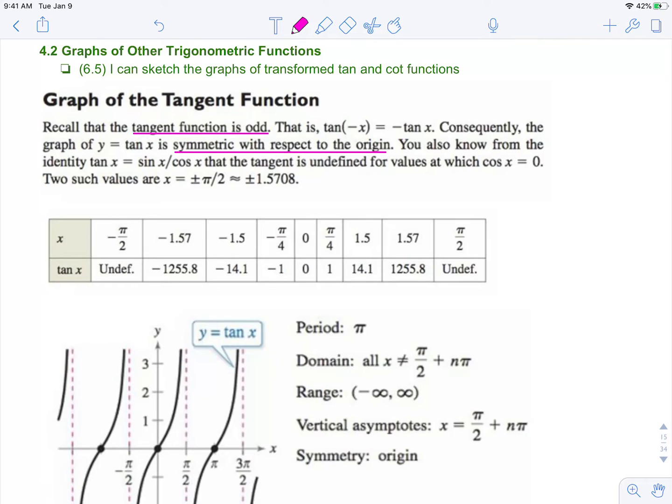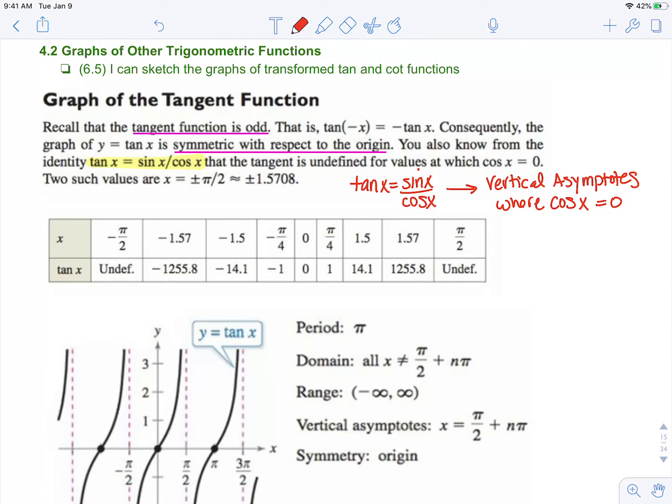But the most important thing that we talked about in class is recognizing that tangent is the special trig identity of sine over cosine. So remember, if tangent x equals sine x over cosine x, this tells us we will have vertical asymptotes where cosine x equals 0.